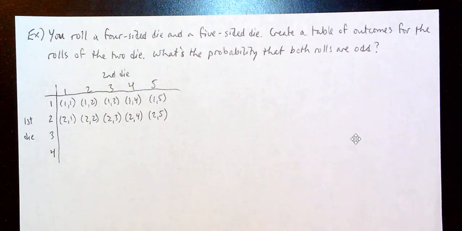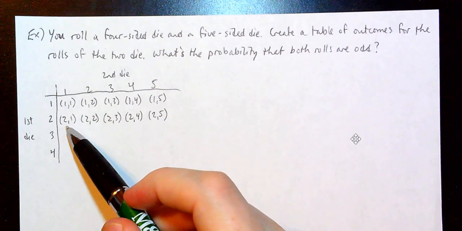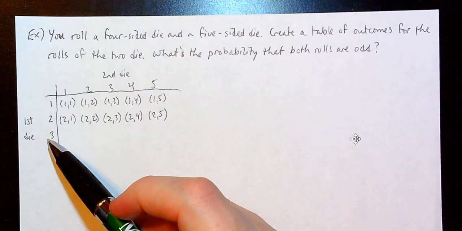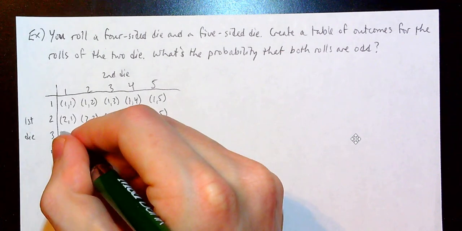The first number written is always the result for the first die, and the second number is always the result of the second die.